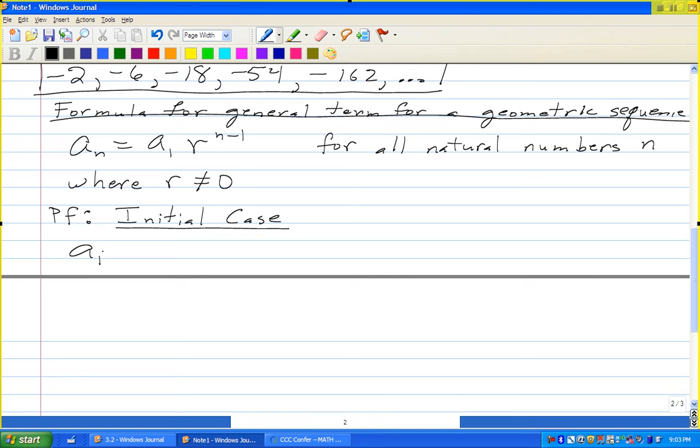So a sub 1 r to the n minus 1 is a sub 1 times r to the 0. Well, I'm assuming here that r is not equal to 0, and so r to the power 0 is just 1. So this is equal to a sub 1. And that's what I was trying to show, that a sub n is equal to a1 times r to the n minus 1 when n is equal to 1.